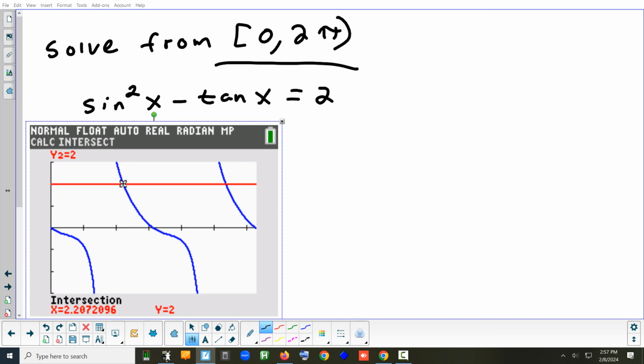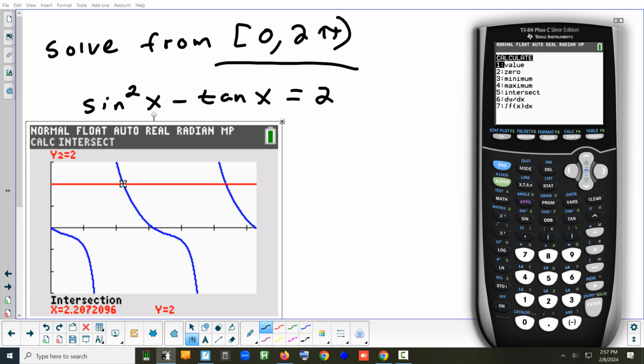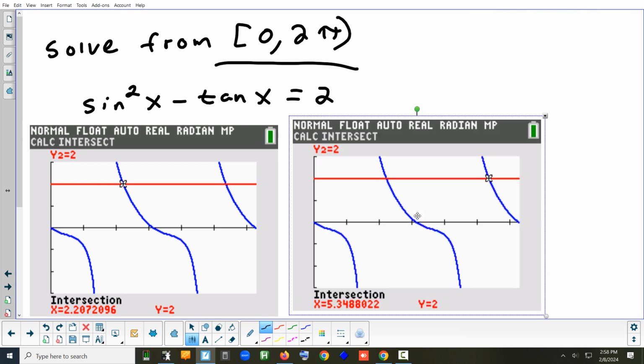That would be one answer. Then second calc intersect again. Keep moving your cursor till you get onto that other part of the graph. We get 5.35. So those are your two answers from 0 to 2 pi.